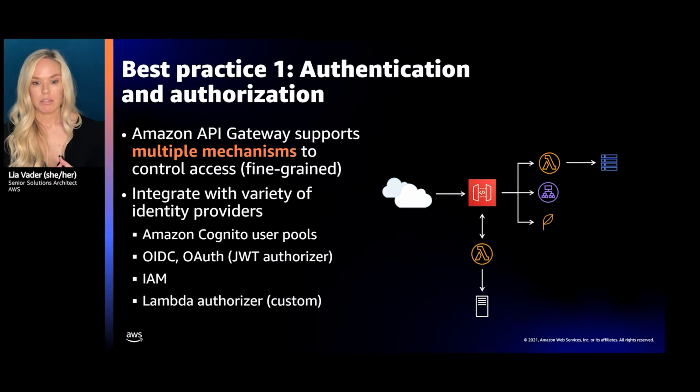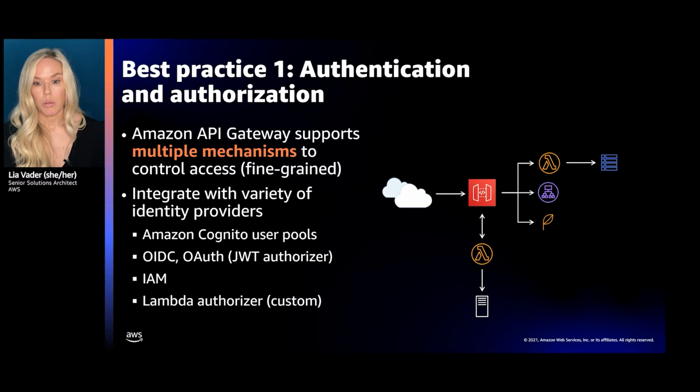The first two, Cognito user pools and JWT authorizers, can validate standard OpenID Connect or OIDC or OAuth 2.0 tokens without any extra code. So API Gateway itself supports the parsing of and handling of any bearer token and can support native parsing of standard OpenID Connect and OAuth 2.0 JWT tokens with the JWT authorizer.